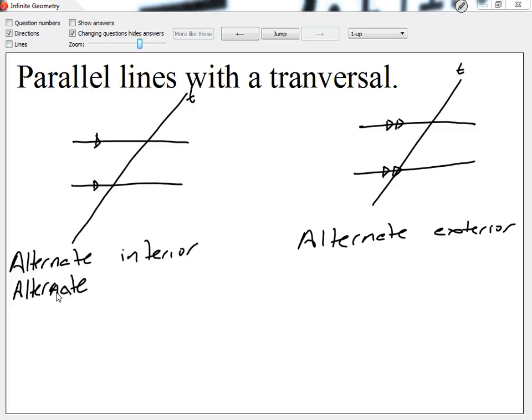before I actually continue with what it means in math, does anybody know what that means in English? What does alternate mean? It's like a pattern. Like a pattern or a what? Well, alternate means 2 angles.